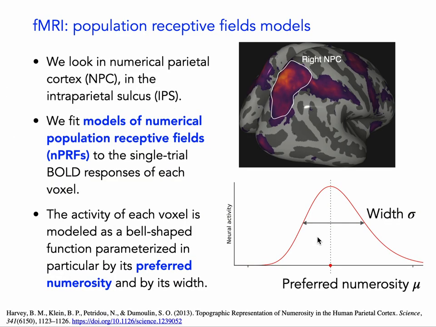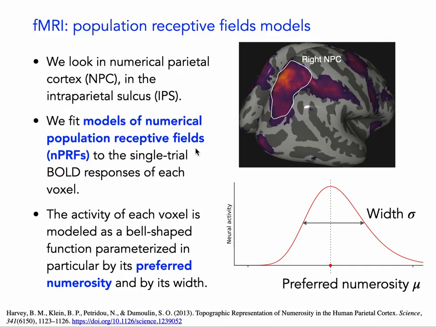And so now I'm turning to the fMRI data. Specifically, we're going to look in the numerical parietal cortex, which is a region of the intraparietal sulcus that has been identified in previous studies as being particularly rich in number-sensitive populations. And so we're going to fit models of numerical population receptive fields to the single trial BOLD responses of each voxel.